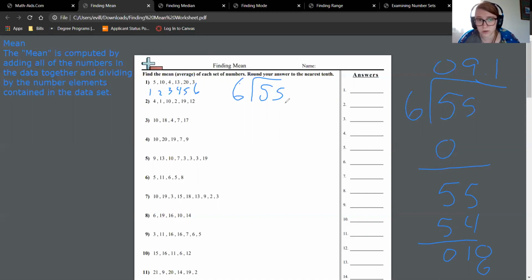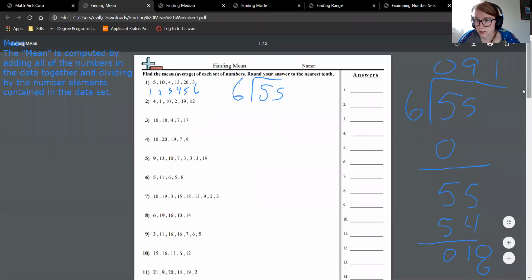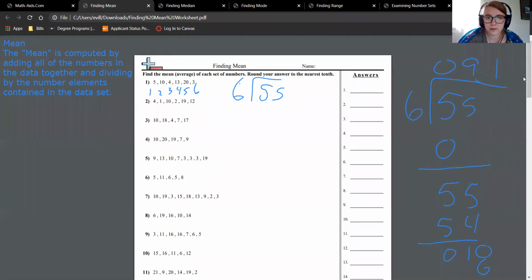I'll just do it on the other side. Sorry guys, I'm getting frustrated on how to show this to you without making too much of a mess of it. 10 minus 6 is 4.